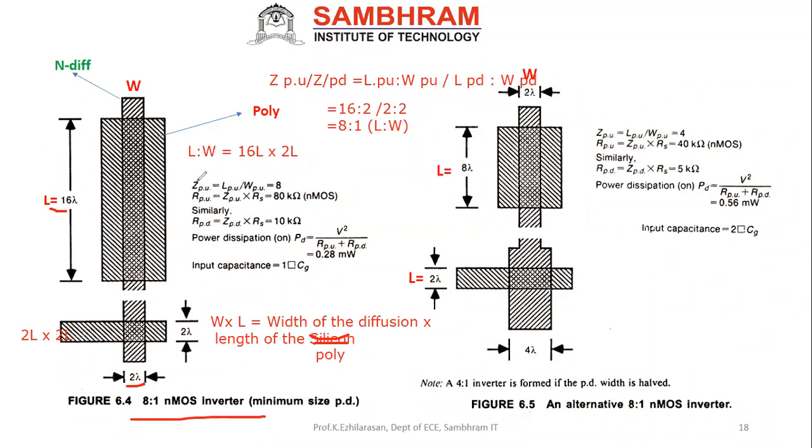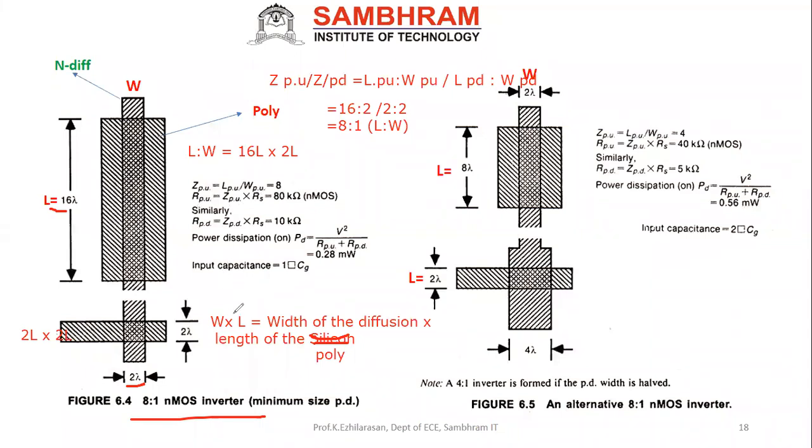So now let us see here. ZPU is equal to LPU by WPU, which is equal to 8, because LPU is 16 and WPU is 2. Next, what is RPU?